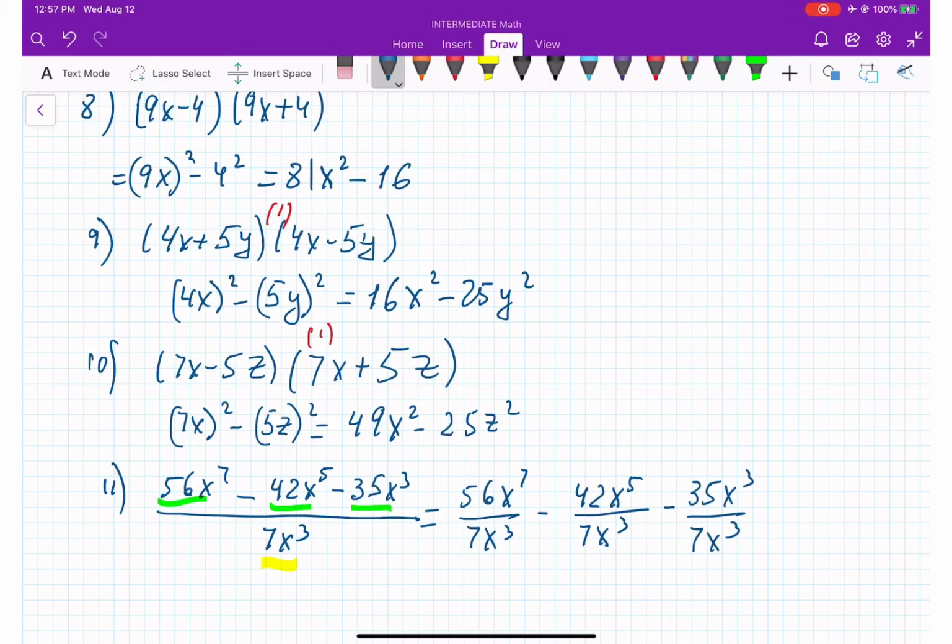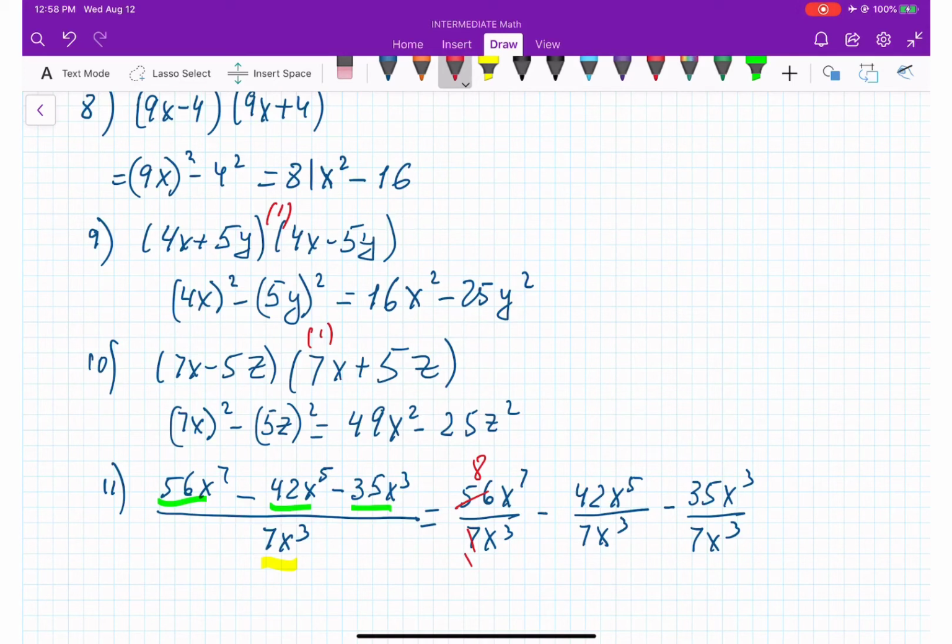Okay, let's see if we can simplify. First of all, 56 and 7, it's going to be 1 and 8, right? x to 7 divided by x to 3. If you don't remember, open operations with exponents. Open it and you can refresh your memory.